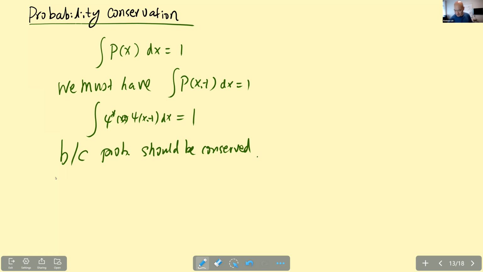Now let's check. So in physics, we know that if we define this rho of x,t, if you have this one, it's conserved. You should have a local conservation law, right?